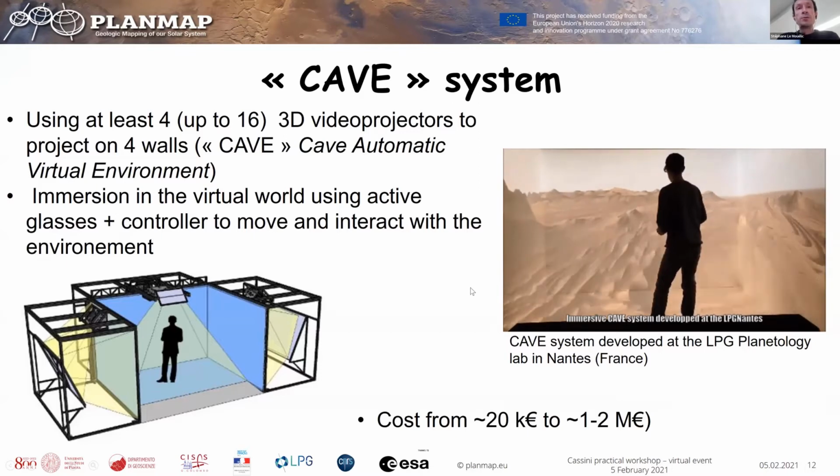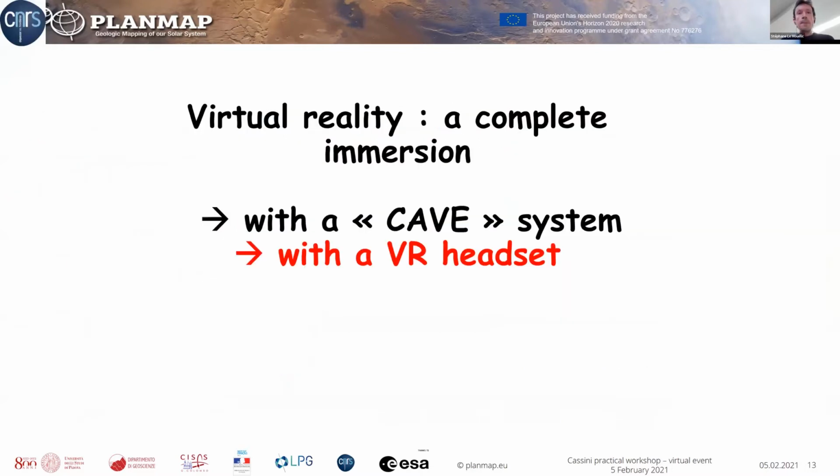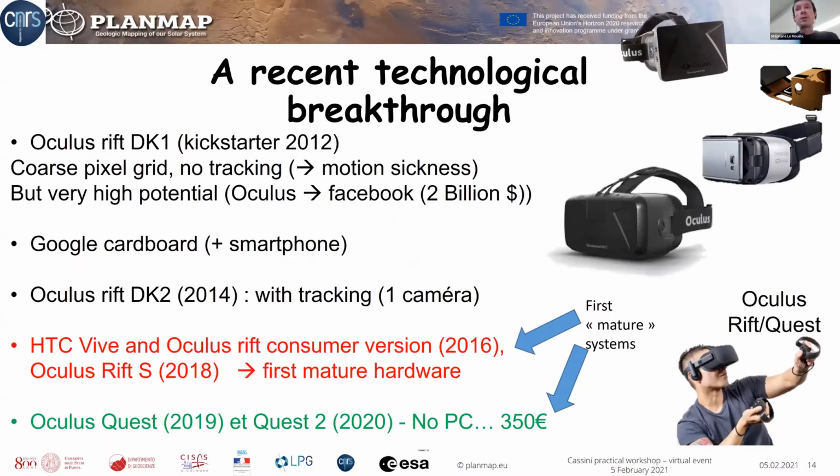The other way to do the immersion is to use a VR headset, and this is what I think is the biggest revolution we had during these last few years. Just to give you some historical facts, how did it start?